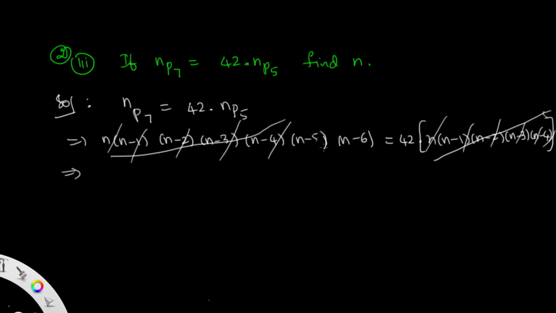Up to n minus 4 the terms get cancelled, and then you get n minus 5 into n minus 6 equal to 42.